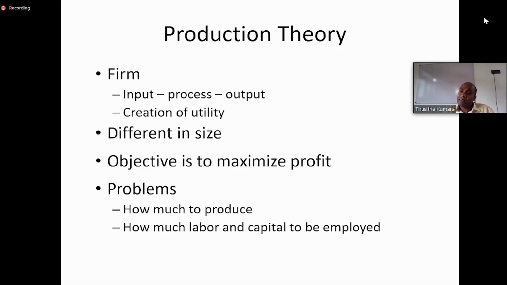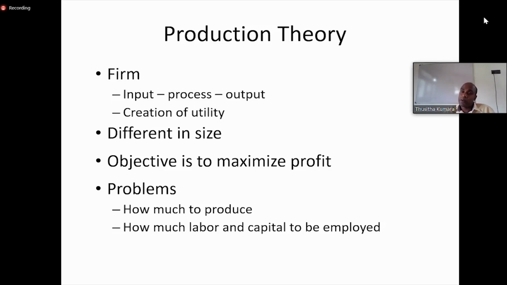The other one is how we are going to produce it. If we can mix capital and labor, how much of capital, how much of labor are we going to mix, right? So these are the two problems that we are going to answer in this theory, in this analysis or discussion.